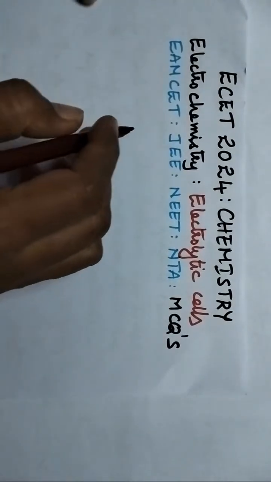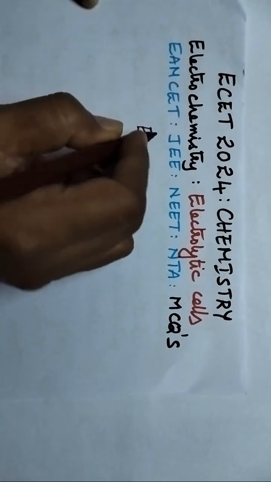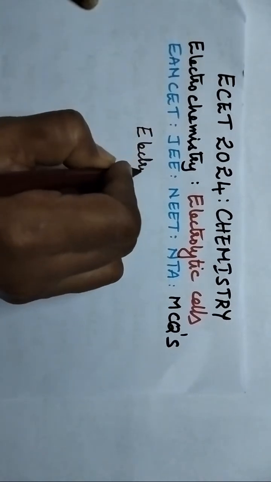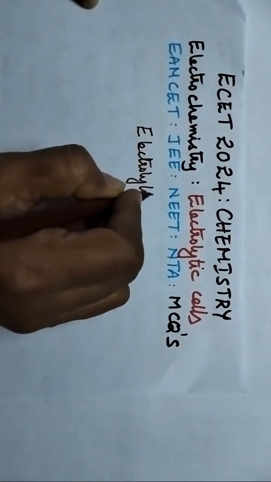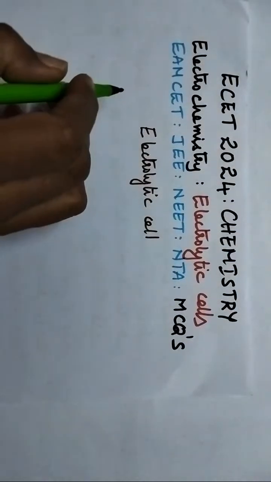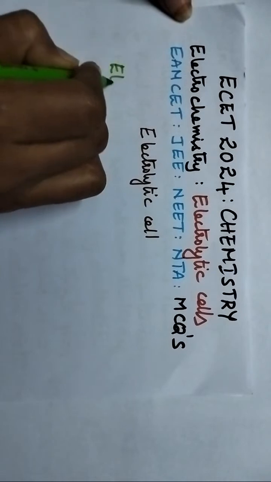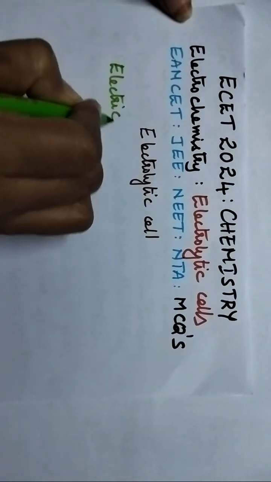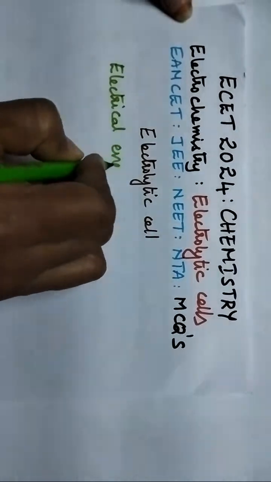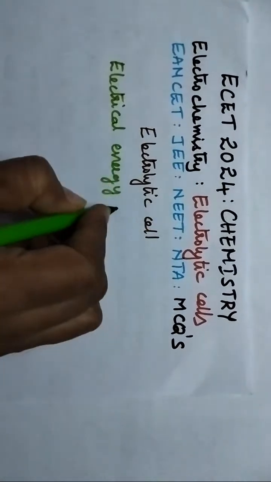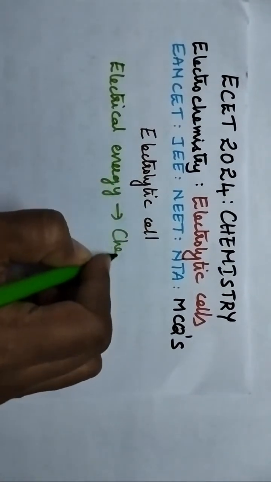So, what is meant by an electrolytic cell? An electrolytic cell is a device that is used for the conversion of electrical energy into chemical energy.